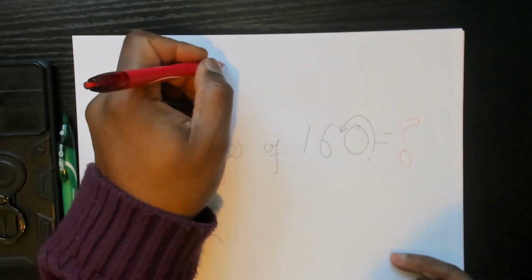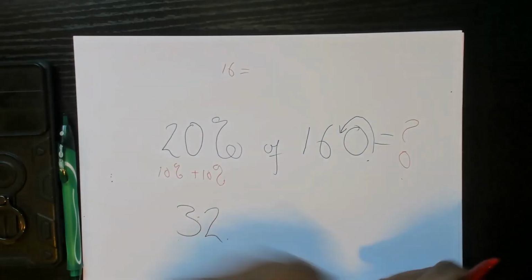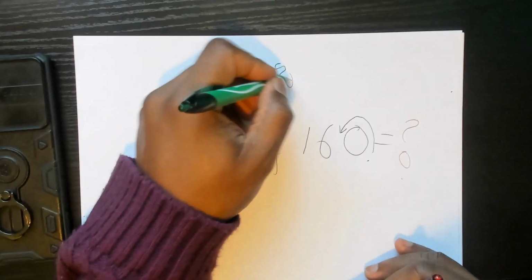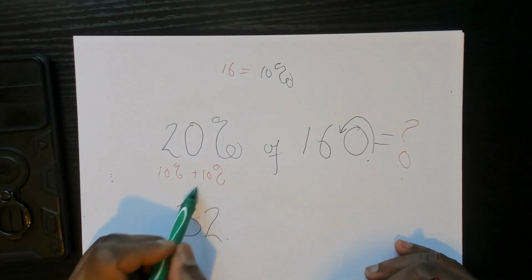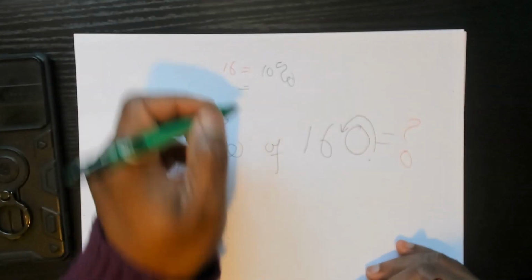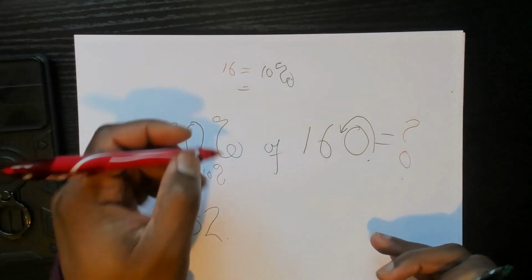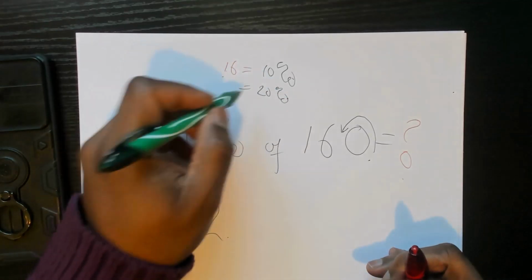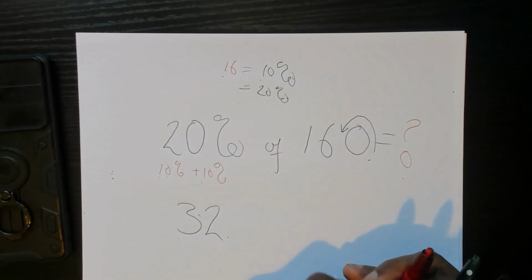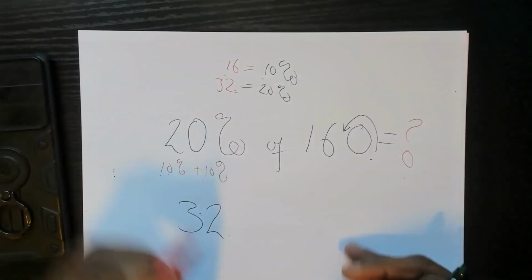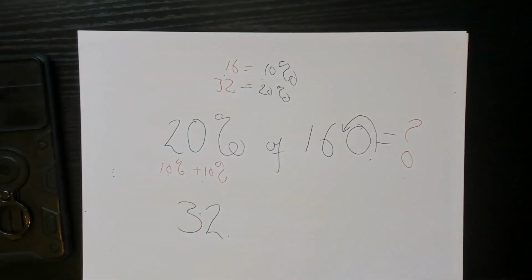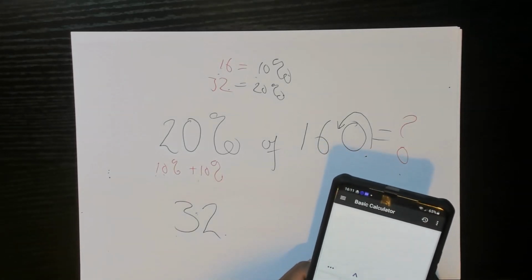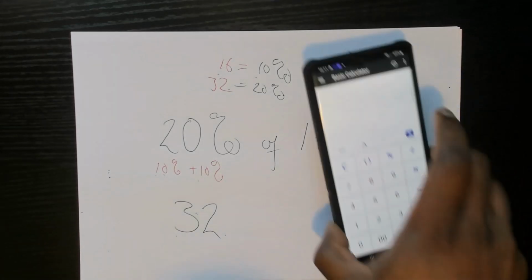So if 16 is equal to 10%, and we need 2 10%s to make 20%, then 20% should be nothing more than 16 times 2. Hopefully you can see that, which is 32. Yeah? Alright. Now I know this answer is correct, but let's go to our calculator and validate our answer.